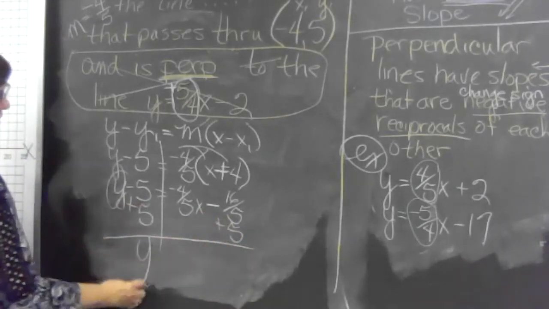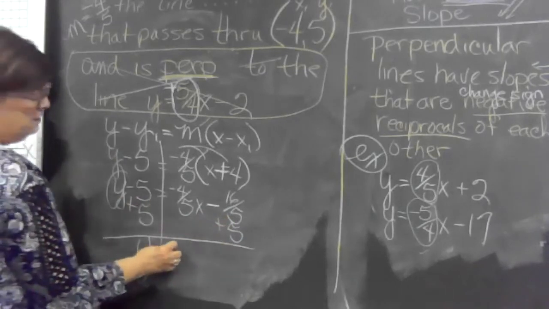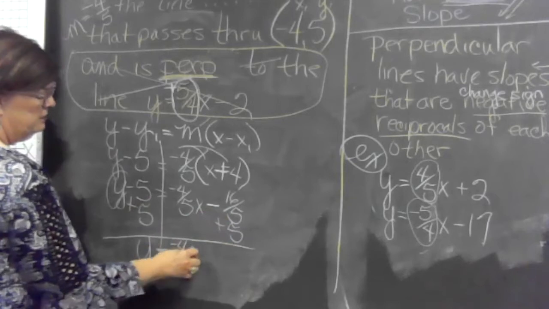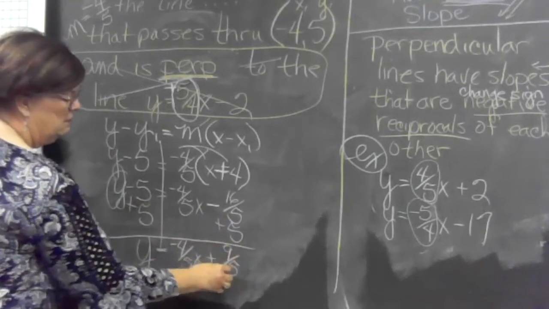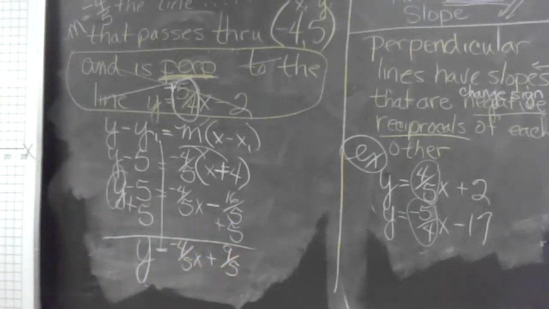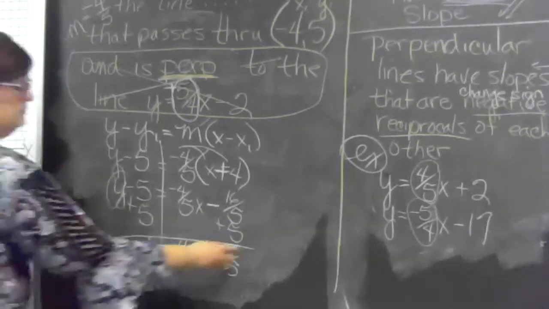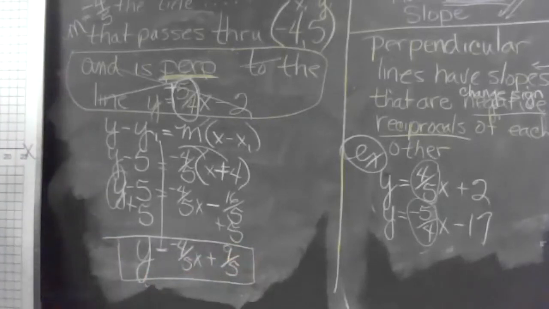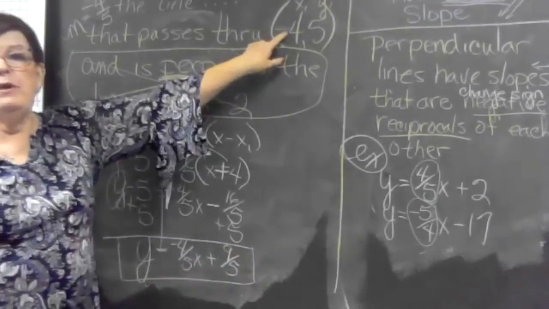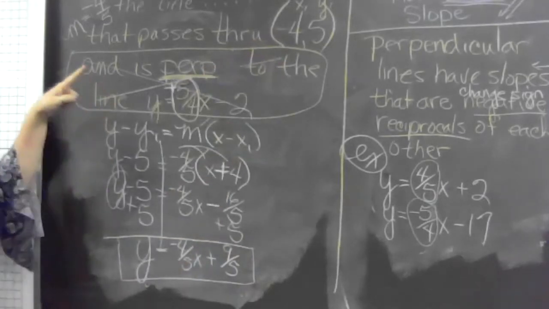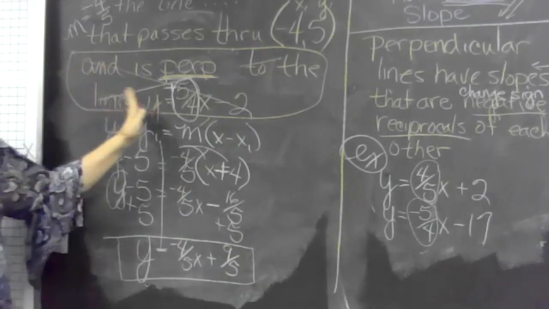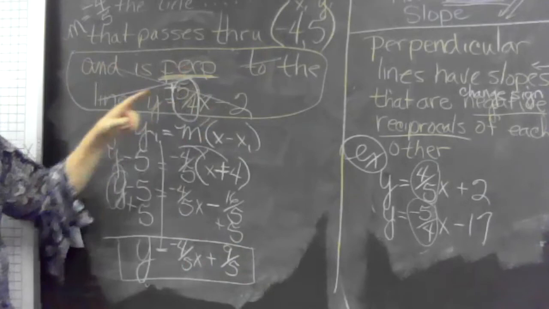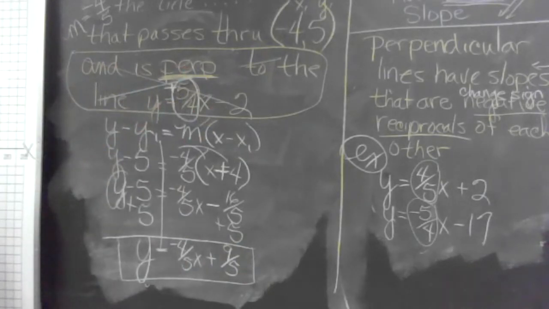And so I've got y equals negative 4/5 x plus, I think it's 9/5. Yeah, 9/5. So now this is the equation of a line that passes through that point, but it has to be perpendicular to this line. And all I need out of the line that's perpendicular is a slope. I just need a slope.